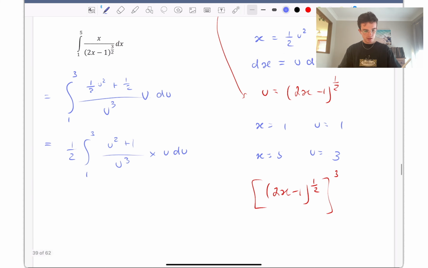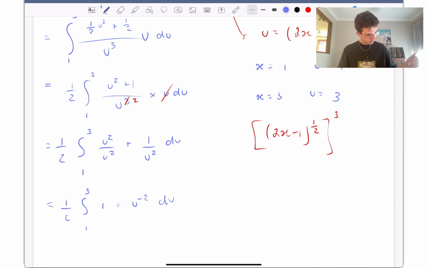Therefore, that will die, that will become a squared, which is equal to a half times the integral from 1 to 3 of u squared on u squared plus 1 on u squared du, which is a half times the integral from 1 to 3 of 1 plus u to the minus 2 du.